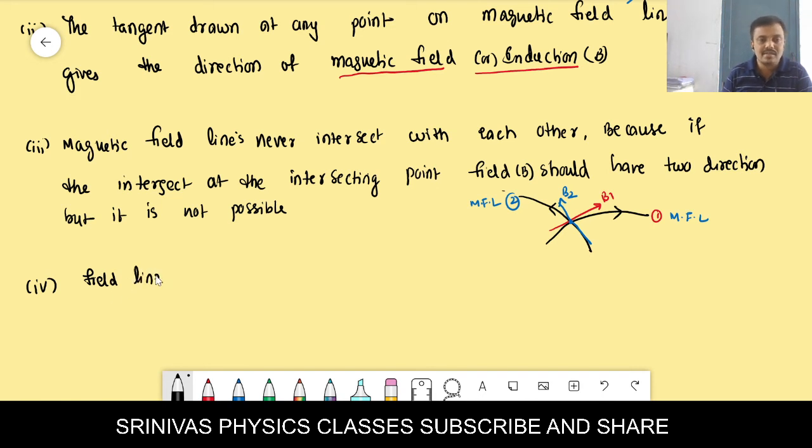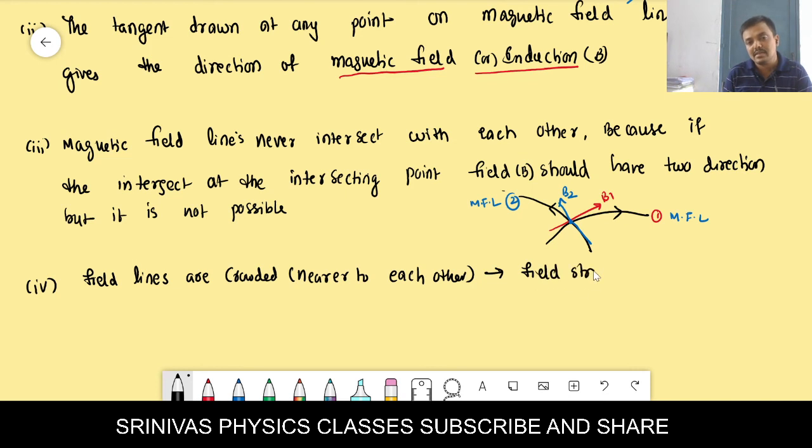Crowded means they are nearer to each other. Where the field lines are closer to each other, there the field strength is more. Field strength means magnetic induction.